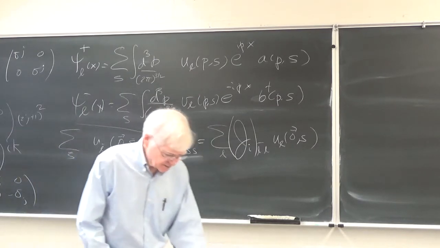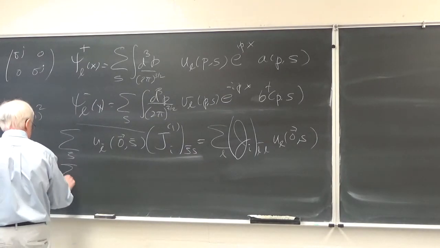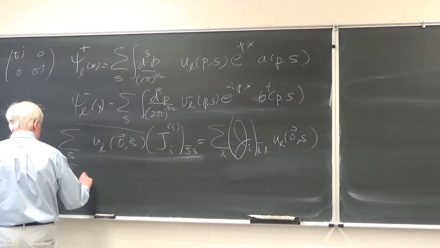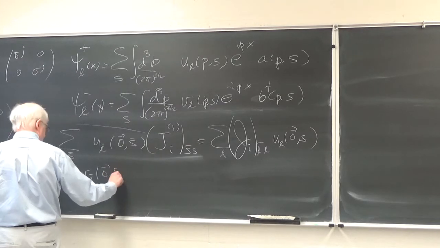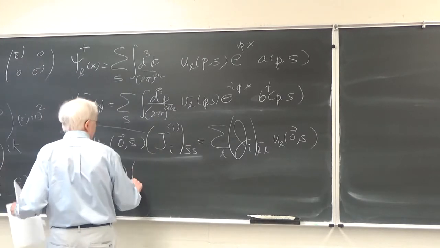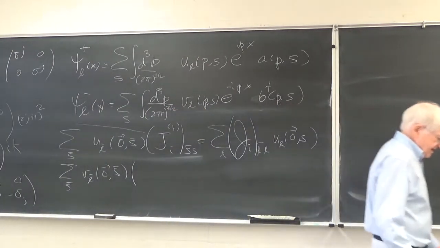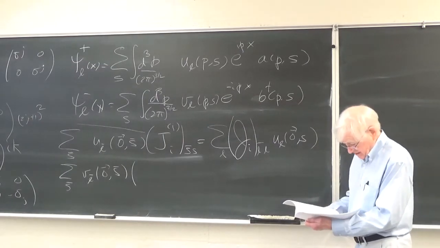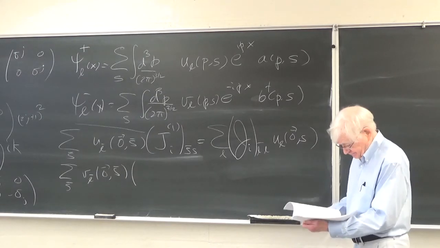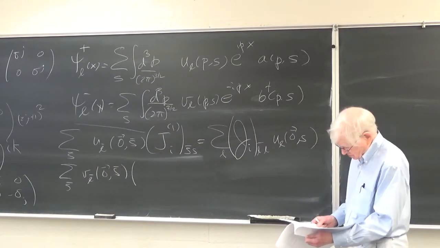Let me put down the second rotation condition. It's again, yeah, it was an S bar in my notes. Sum over S bar, V_L bar of 0, momentum, S bar. And now remember, just to remind all of us, the spinor conditions.